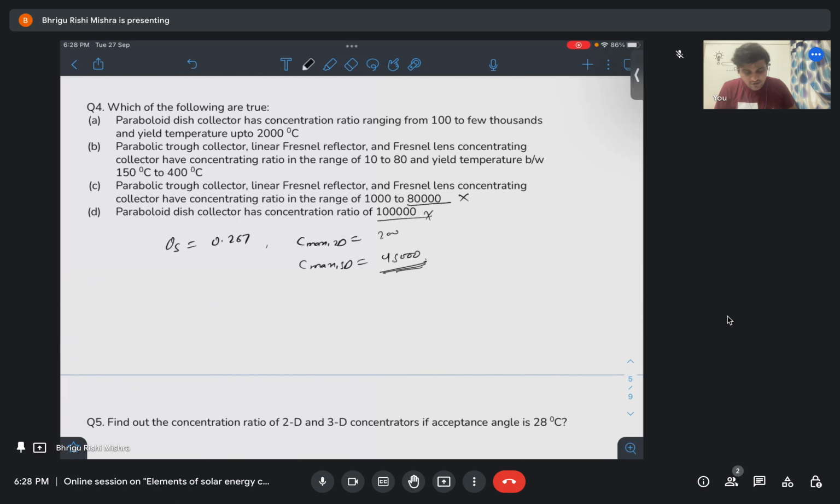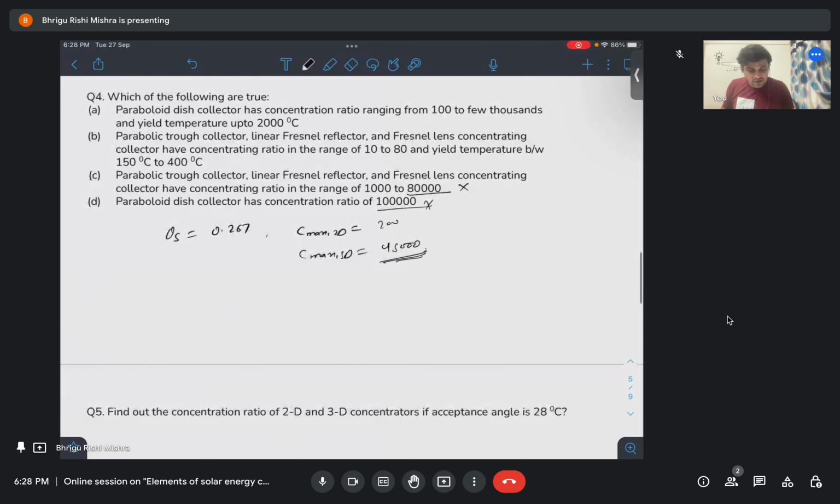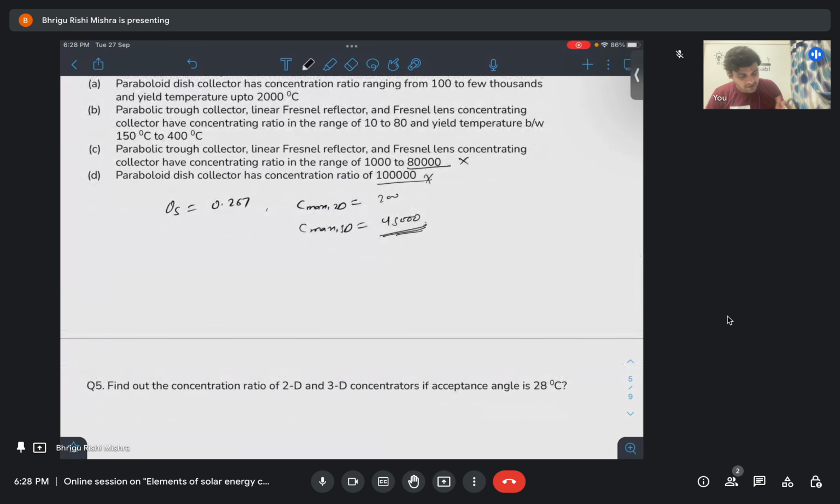Now we need to check A and B. First, what are these terms? Linear Fresnel reflector: we have very small reflectors like this, and they reflect the radiation and concentrate it to a receiver. This is also known as LFR, linear Fresnel reflector.